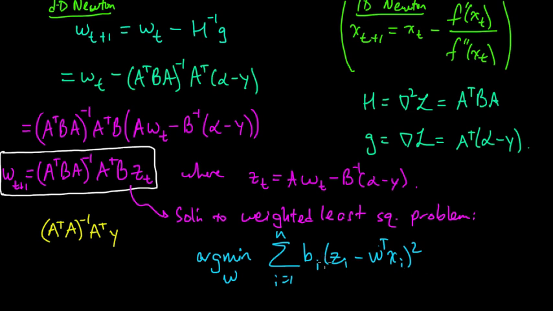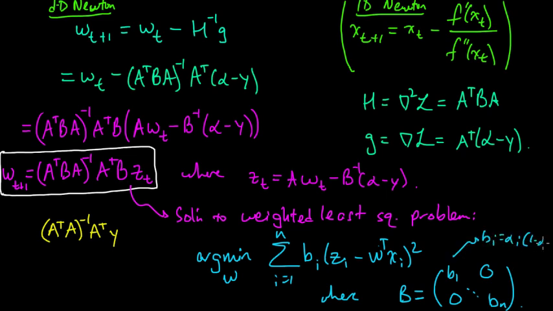And the B matrix is a diagonal matrix with entries b_1 to b_n. So these b's are just b_i equals alpha_i times (1 minus alpha_i). I just put b to simplify it because in general this is referred to as a weighted least squares problem, and these b's are the weights.